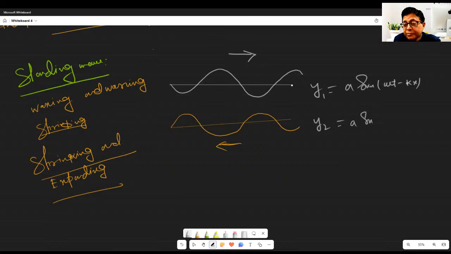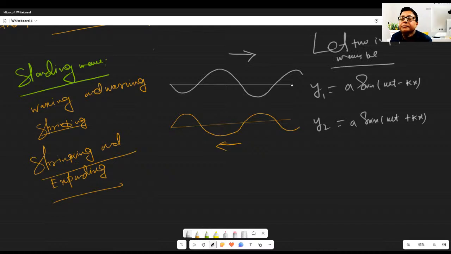Let the two interfering waves be like this: y1 equal to A sin omega t minus kx, y2 equal to A sin omega t plus kx.